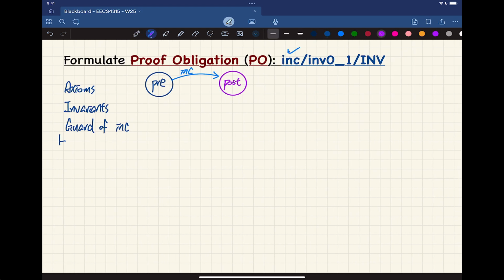So here we should say invariant 0, 1 preserved or maintained, or still holds true in the post states. So this is what we want to formulate as a sequent. This one here. All right, that's what we want to formulate.